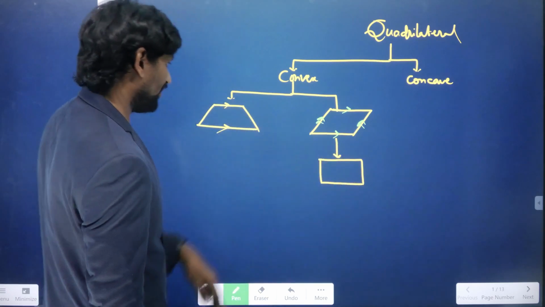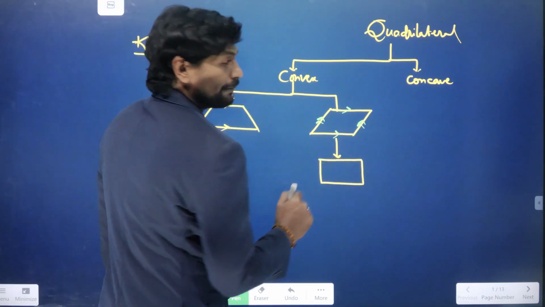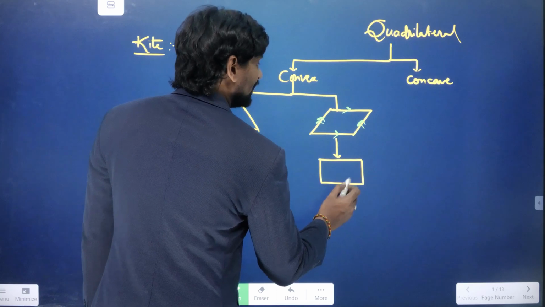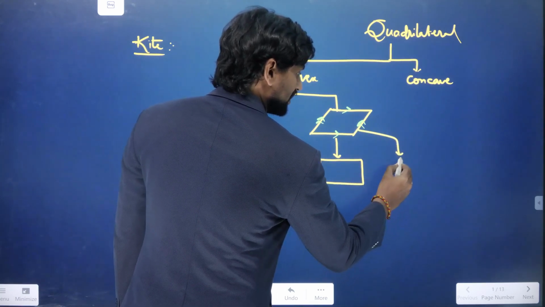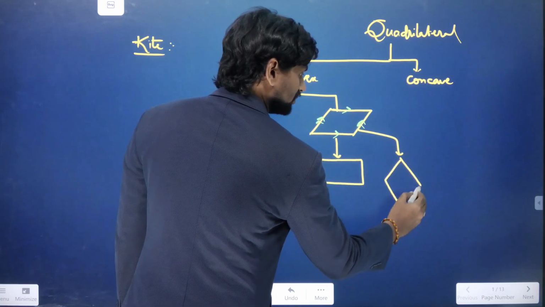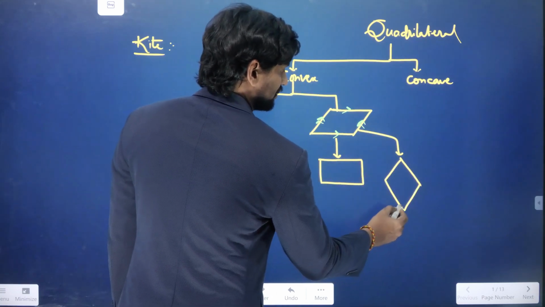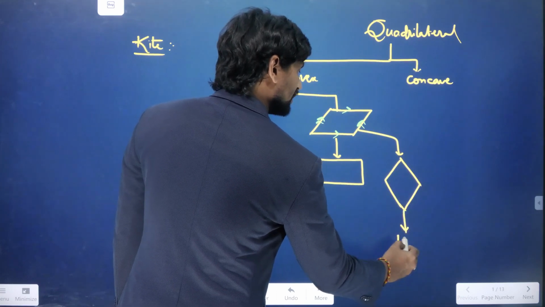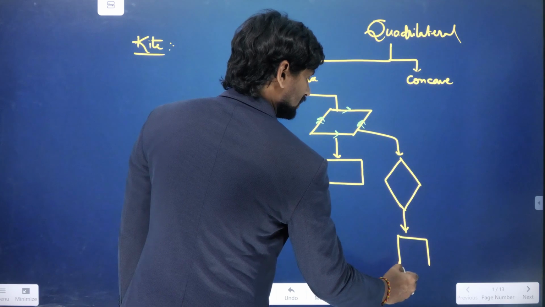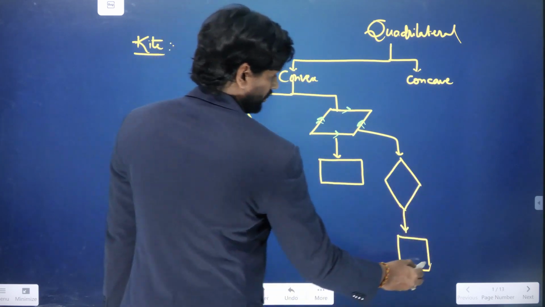In the same way, if all sides of a parallelogram are equal, then it is a rhombus. In a rhombus, if each angle is 90 degrees, it becomes a square.